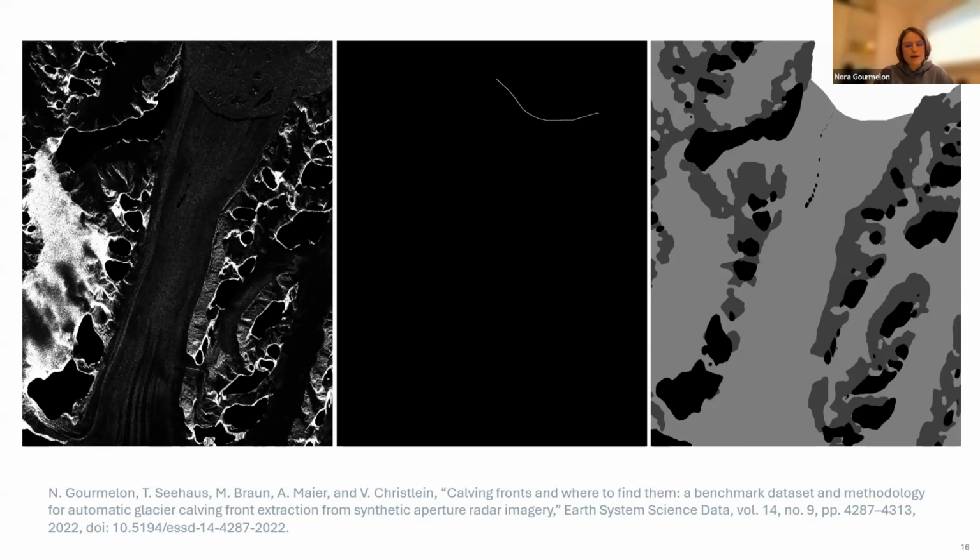One idea behind the multi-class segmentation was that we already get rid of a little bit of the class imbalance in the model if we do this multi-class segmentation in contrast to directly the binary calving front segmentation.